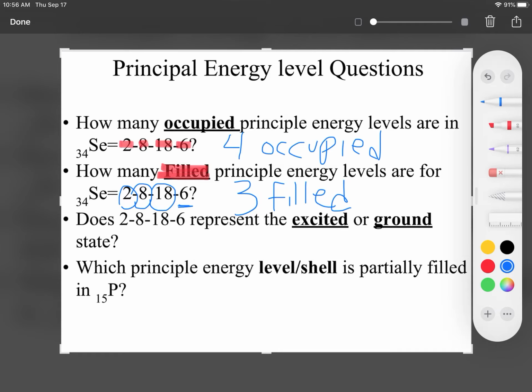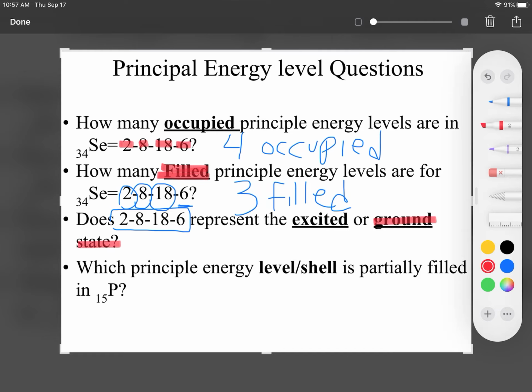So it's not filled. Next, does this 2-8-18-6 represent the ground state or the excited state? Well, guys, if you go to your periodic table, you'll notice for selenium, it says 2-8-18-6. Remember what we said, if you look up the electron configuration on the periodic table, that represents the ground state. So ground state is your answer there.